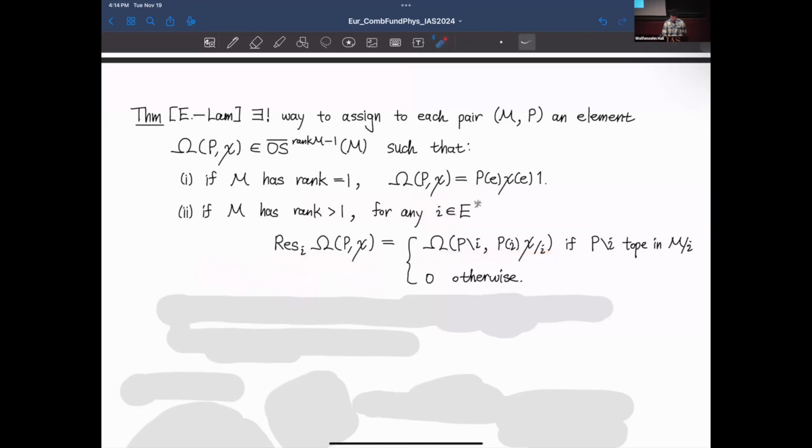So if I have a tope, which is a sign vector like plus, plus, plus, minus, plus, for instance, and I'm looking at the ith entry, when I get rid of that entry, is it still a tope in the contraction? If yes, then I can talk about that tope in the contraction oriented matroid. So that should have a canonical form if it exists, and 0 otherwise.